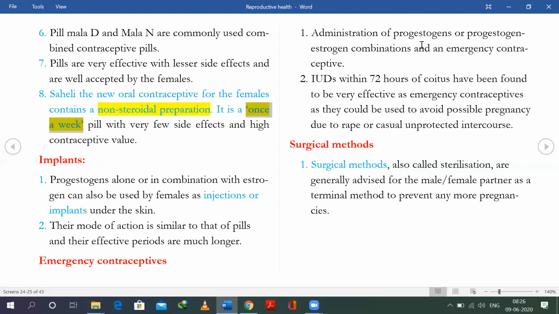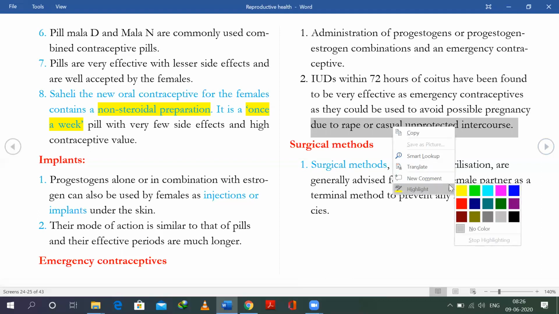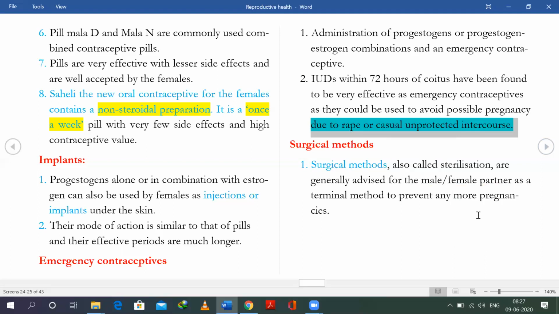You can use these emergency contraceptives to avoid pregnancy in a rape situation, unforeseen, unprotected, and unplanned sexual intercourse. So all the methods discussed so far are reversible, right? Hormonal changes, implants which have the hormones, copper releasing IUDs, all these are reversible.